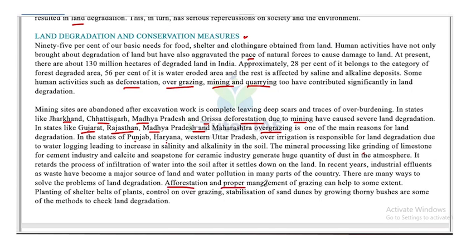Afforestation and proper management of grazing can help to some extent. So these are important things, that is afforestation and proper management of grazing. These can help to reduce the land degradation. Planting of shelter belts of plants, control on overgrazing, and stabilization of sand dunes by growing thorny bushes are some of the methods to check the land degradation.